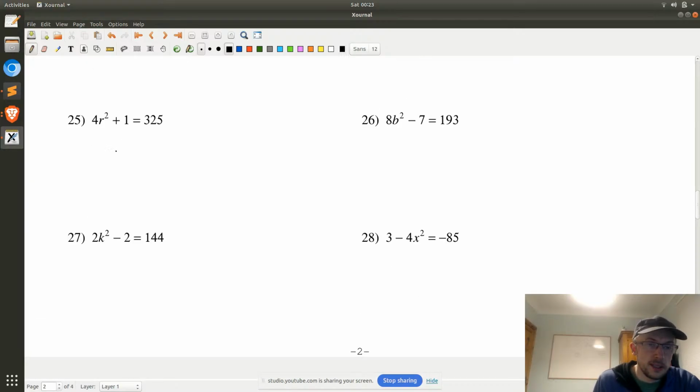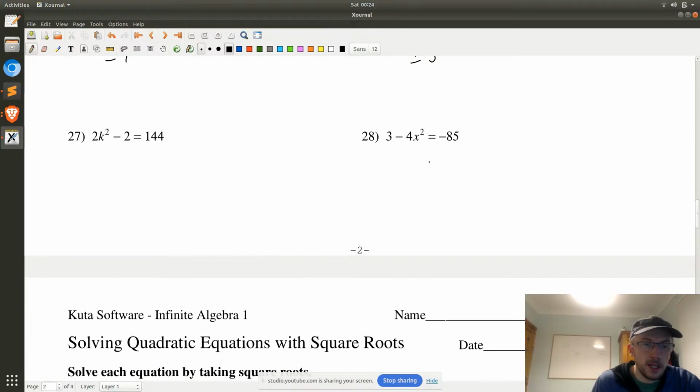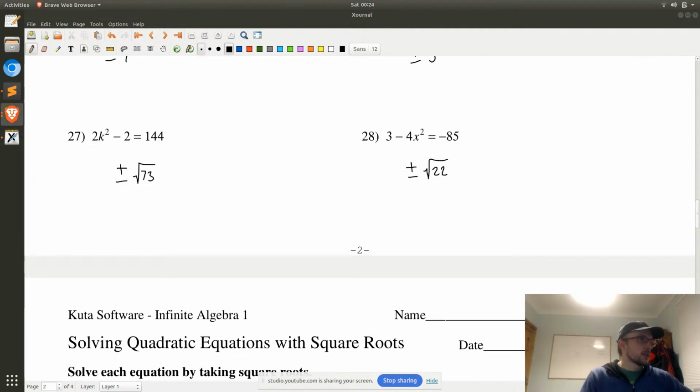324. Well, that's 18 squared already, but we divide it by 4. 324 divided by 4 is 81. So plus or minus 9, of course. And 7, 25 plus or minus 5 then. And here. And here. Okay, so we'll only have integer solutions for some of them.